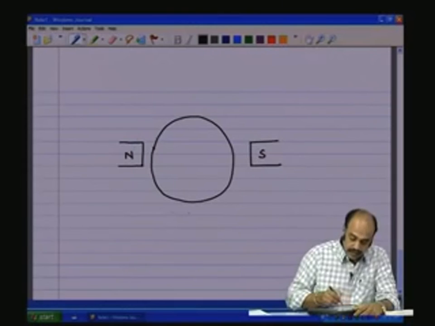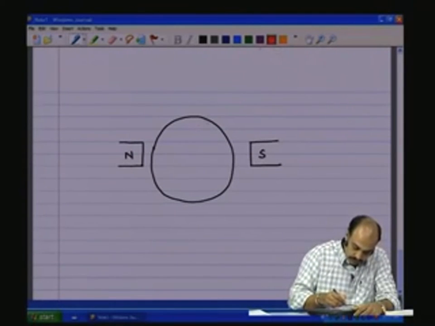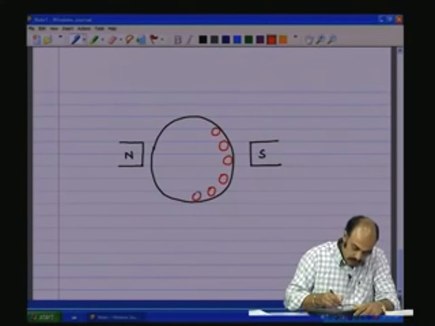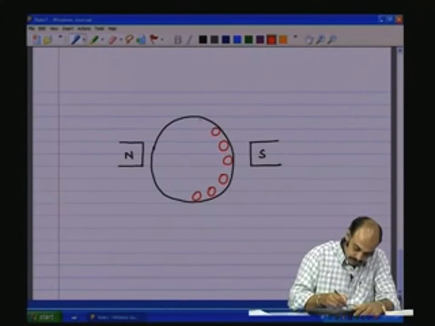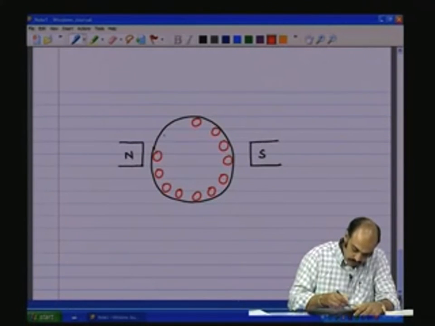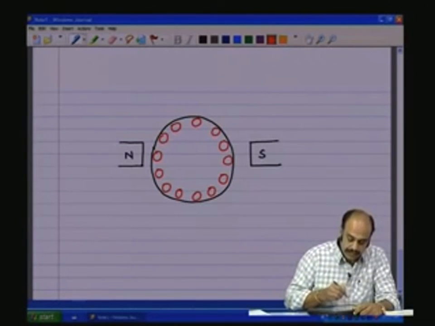Now, there are coils, and we will represent the coils in terms of circular conductors here, in this fashion, and so on, like that.